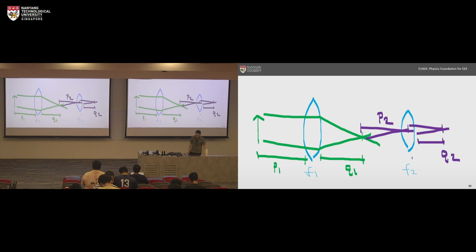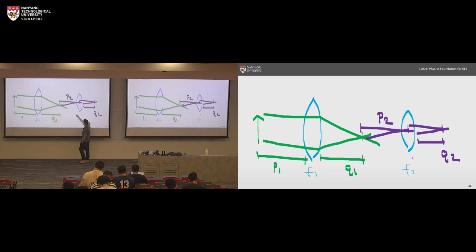The key to connect two systems is that if you only look at F1, F1 can convert a light at P1 to Q1. Now ignore this.